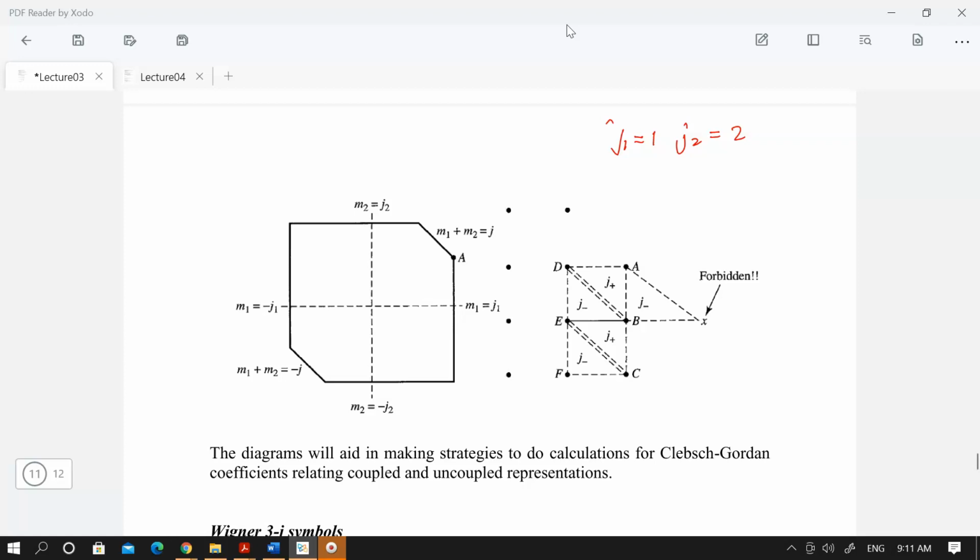So basically you have all those vertices coming in, but then there will be some states which correspond to the maximal given by this line over here. Remember, this is just a plot of M1 and M2, so this will give you a line corresponding to this condition, and then another line giving this condition. So you have to build up depending on what J1 and J2 are. We'll see this more later on.